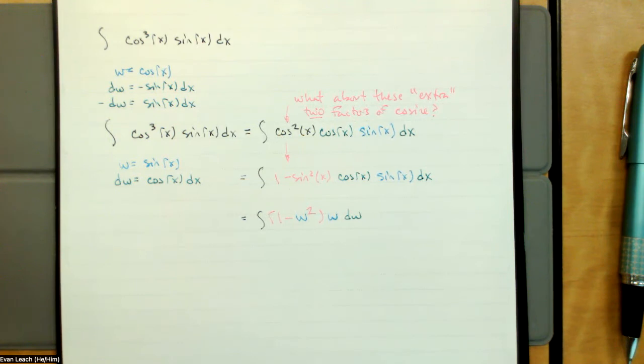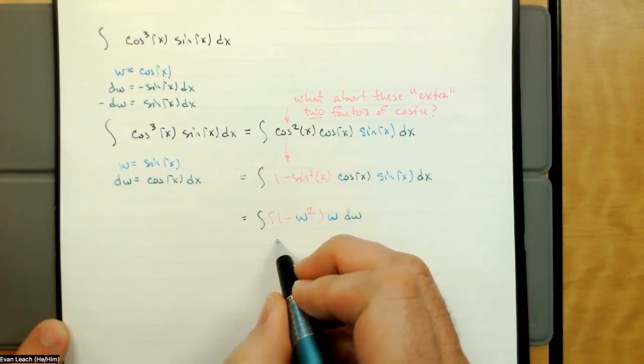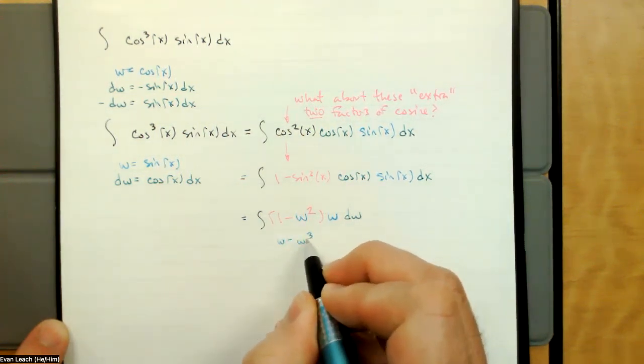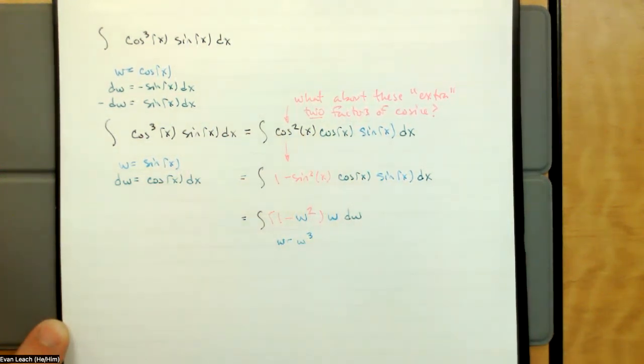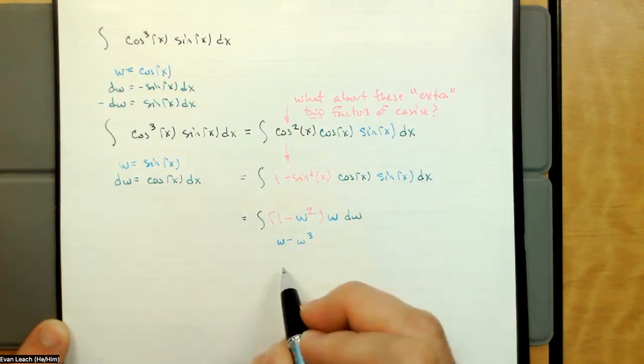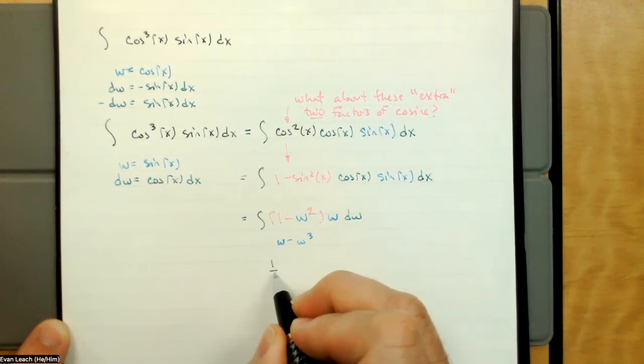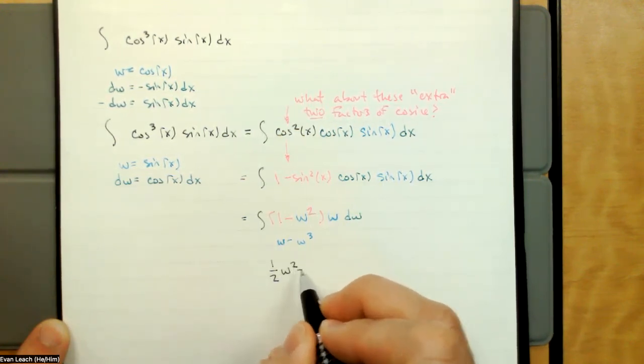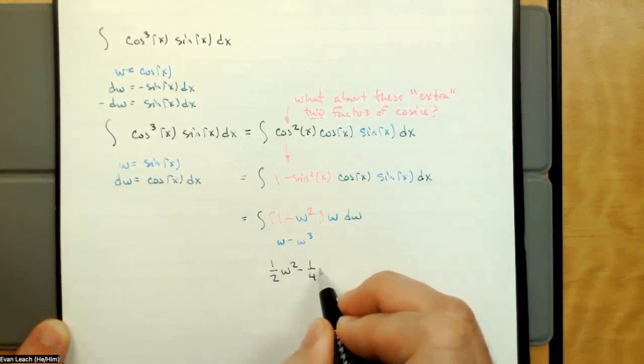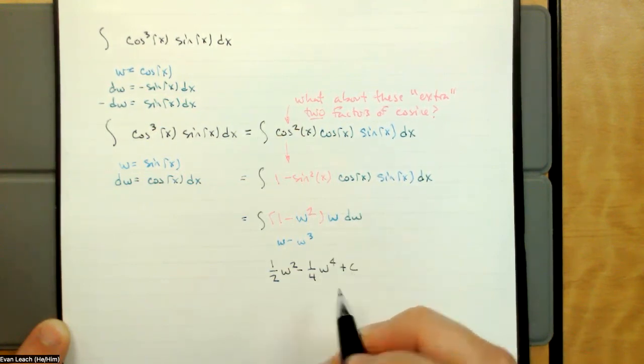Substituting sine, we're integrating w minus w to the third. So when we integrate, we'll have a half w squared minus a fourth w to the fourth plus c.